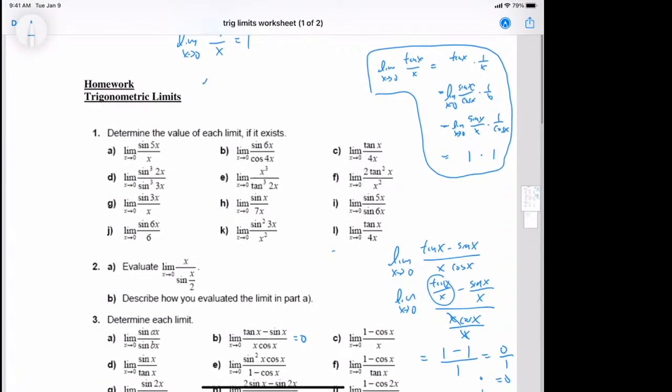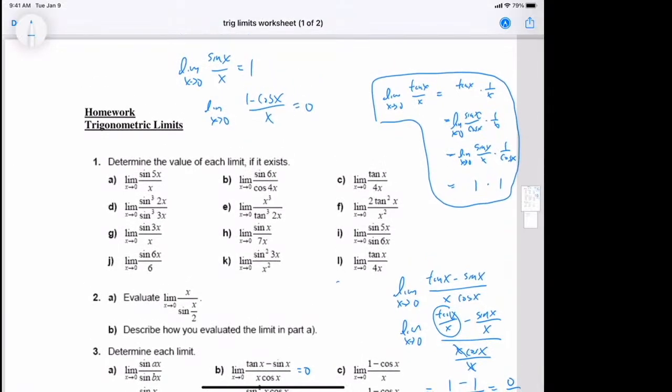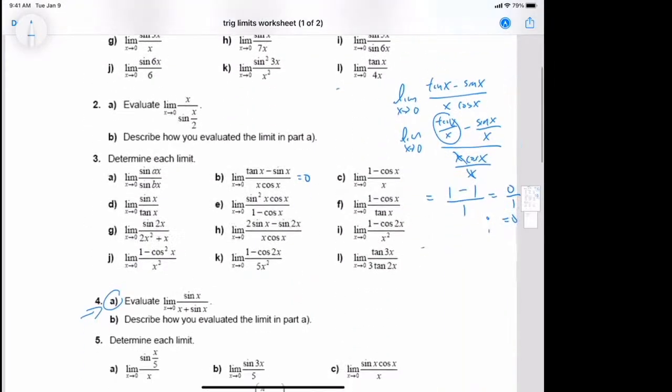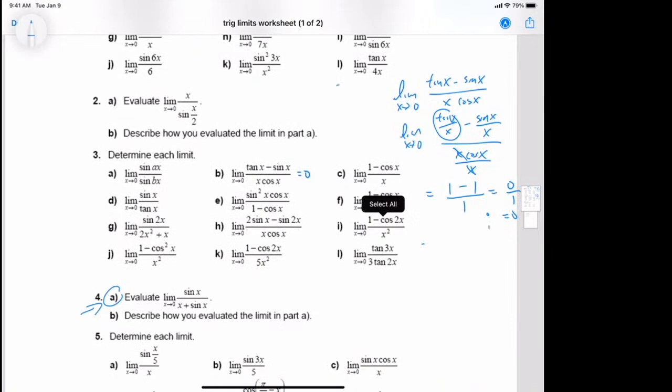And there's another one: the limit as x approaches 0 of 1 minus cosine of x over x is equal to 0. Because if I plug in 0 here, it's going to give me 0 over 0. So, how about I pick a question for you guys to try?